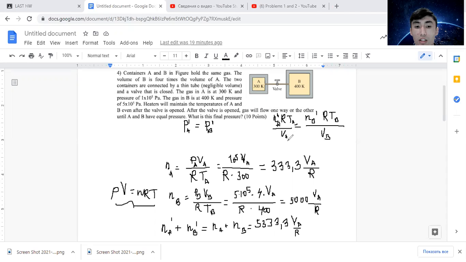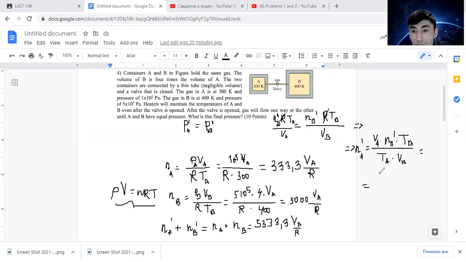So here we can find one of these numbers of moles after the valve is opened. Let's find the number of moles of the A container. So here R will be cancelled. Here only volume A times NB times TB over TA times VB, right?